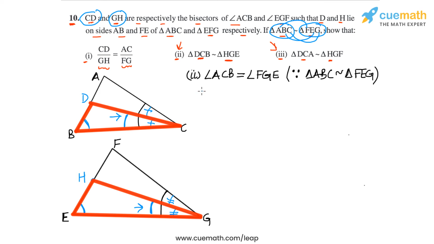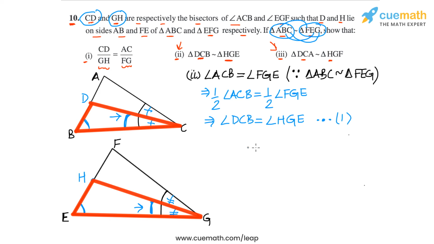Now this means that their halves will also be equal. So half of angle ACB will be equal to half of angle FGE, correct? And half of angle ACB is angle DCB. This angle DCB is equal to half of angle FGE, which is angle HGE, this angle here. So let's call this equality of angles number 1.